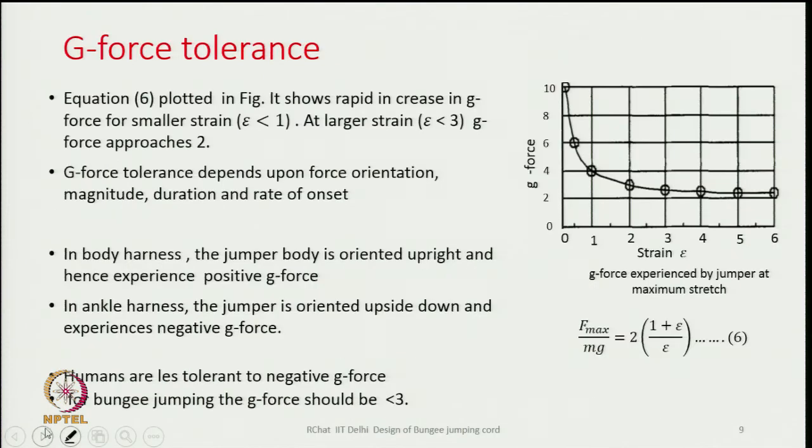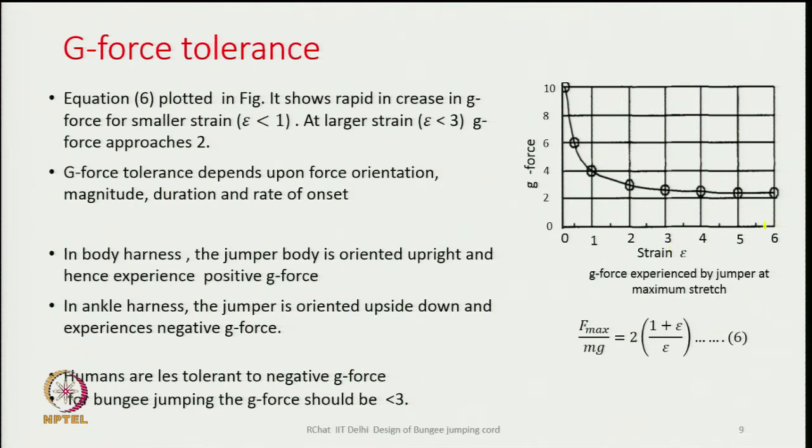So, in the next slide, we are stating about G force tolerance. We have plotted G force versus strain from the previous equation, and you look at this graph. It shows a rapid increase in G force for smaller strain.